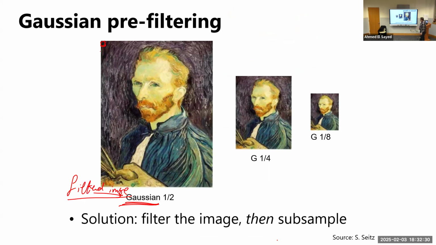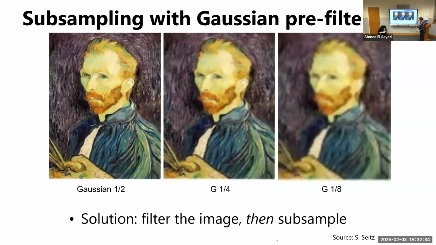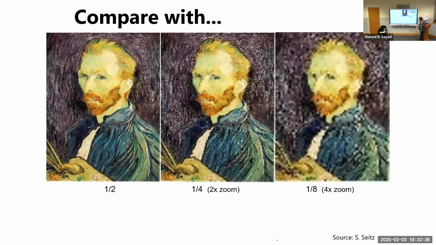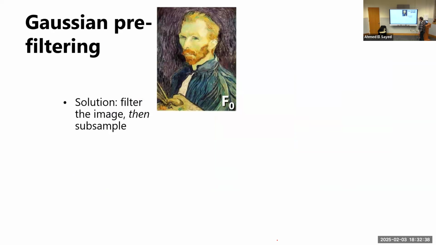Now, this process that we are doing right now actually has a very fancy name. What is this name? It's named the Gaussian pyramid. What is the Gaussian pyramid?